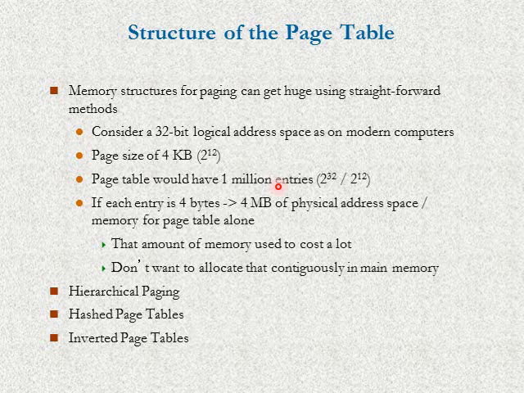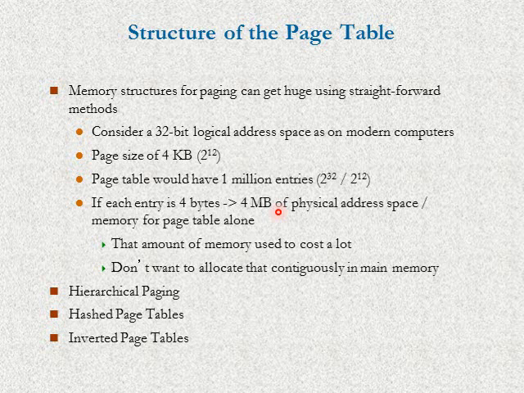So if one entry takes 4 bytes, the total space that is required to save one page table is closer to 4 megabytes of memory on the main memory, on the RAM. So this memory is required to store one page table associated with a particular process.